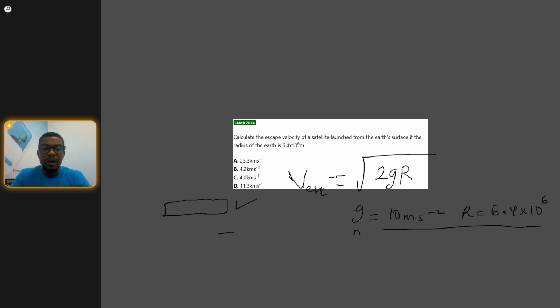So today we have been able to discuss the concept of gravitational field, and we said we cannot talk about gravitational field without mentioning gravitational force. We said if gravity did not exist, everybody would be floating in space. But thank God we have gravity, so we are not floating. We also discussed what mass is and what weight is, and checked the differences between mass and weight.